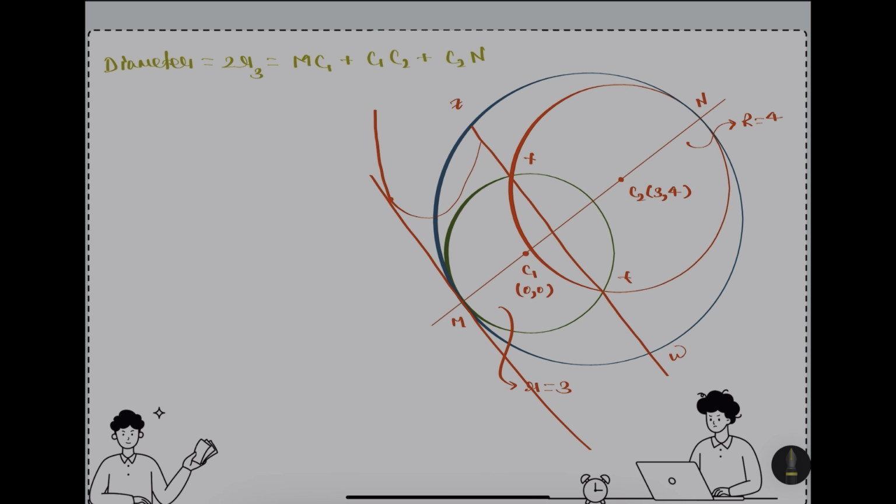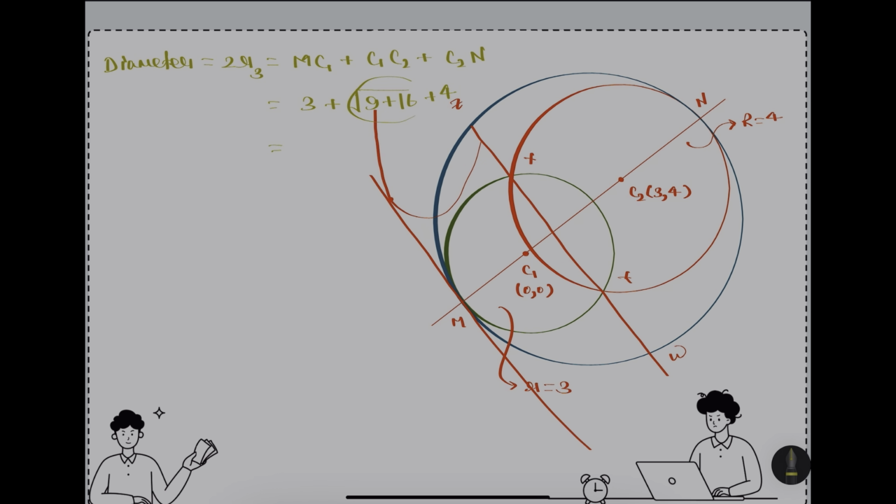Now look at that. MC1, you know this is the radius of the smaller circle, 3. Now the distance between C1 and C2 you can find using the distance formula. So root over (3 minus 0) whole square, 9, plus (4 minus 0) whole square, 16, plus the radius of the second circle, which is 4.